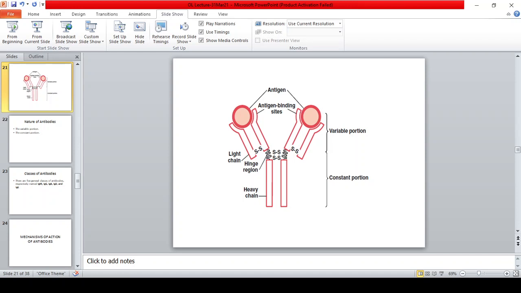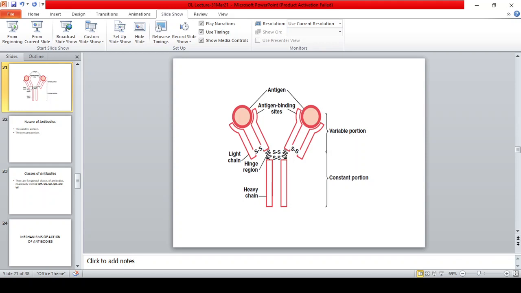On the other hand, the constant portion of the antibody determines other properties of the antibody. For example, its diffusivity in the tissues, its adherence to specific structures within the tissues, its attachment to the complement complex.